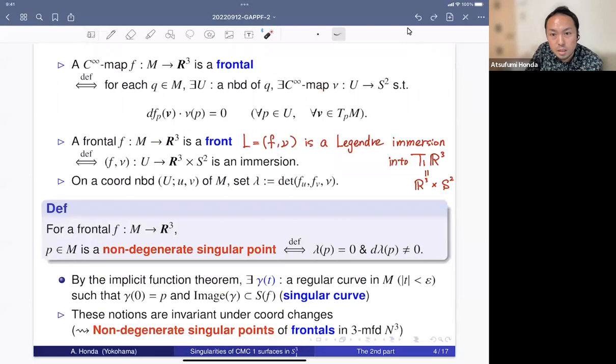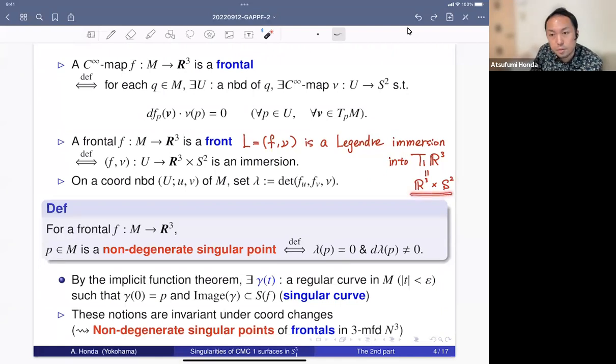This condition is in fact equivalent to the pair of the map F and nu defining a Legendre immersion into this contact manifold, R3 cross S2, where S2 is the unit sphere in Euclidean 3-space.